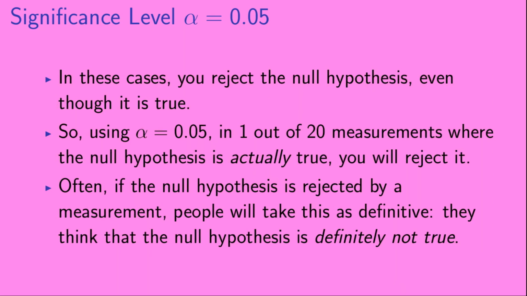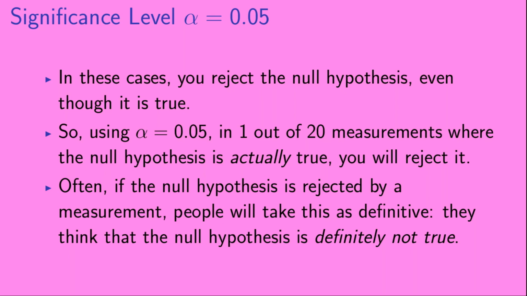In these cases, you reject the null hypothesis, even though it is true. So using alpha equals 0.05, in 1 out of 20 measurements where the null hypothesis is actually true, you will reject it.